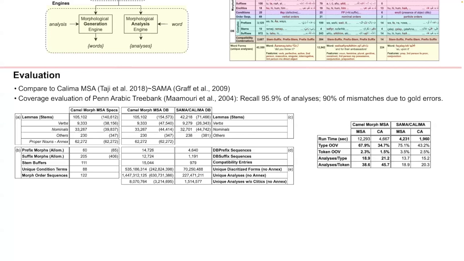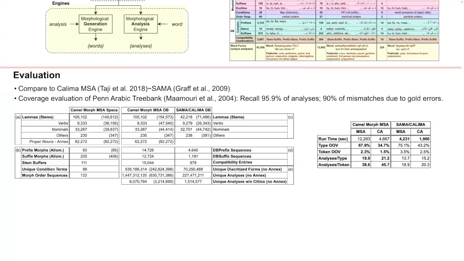This can also be seen at the prefix and suffix condition and order levels in sections B and D, where a small number of specifications leads to a large number of sequences. We also note that the number of lemmas and stems for our database is about 2.3 times greater than for Kalima DB.